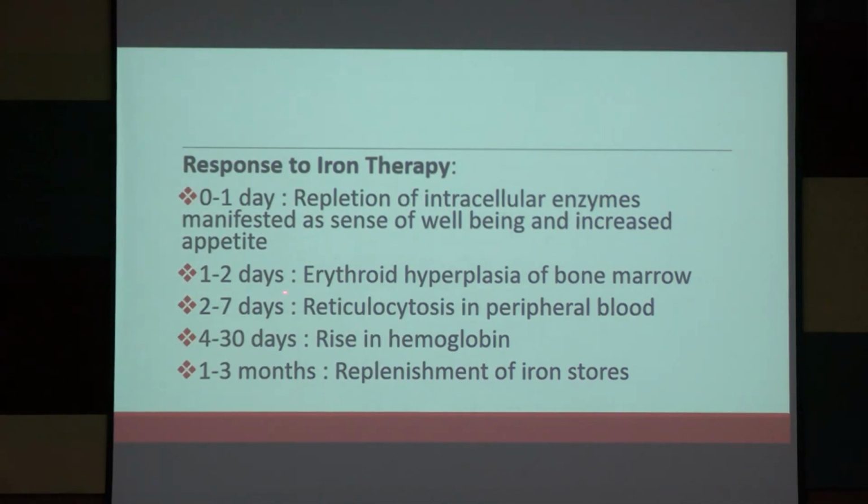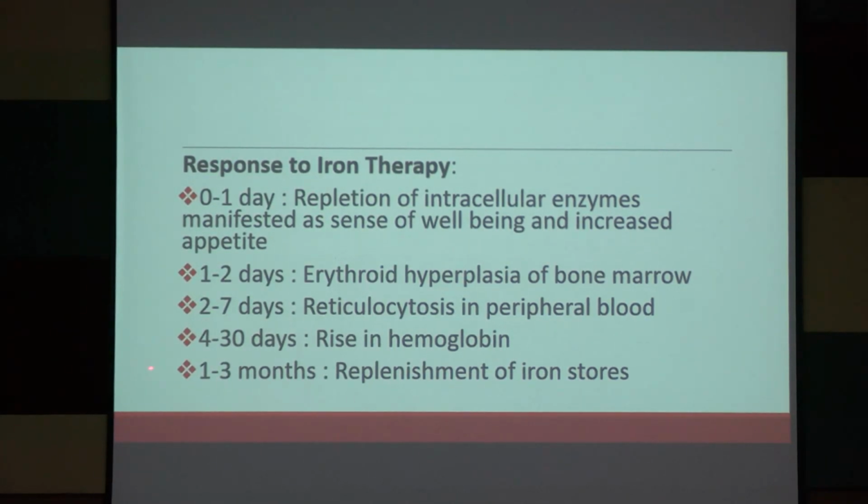Within 1 to 2 days, if the bone marrow is examined, there will be erythroid hyperplasia. Because the bone marrow is working, my erythropoiesis is increasing. So within 2 to 7 days, peripheral blood reticulocyte count will be more. And around 4 to 30 days, there will be rise in hemoglobin, and at 1 to 3 months, the ferritin will rise.